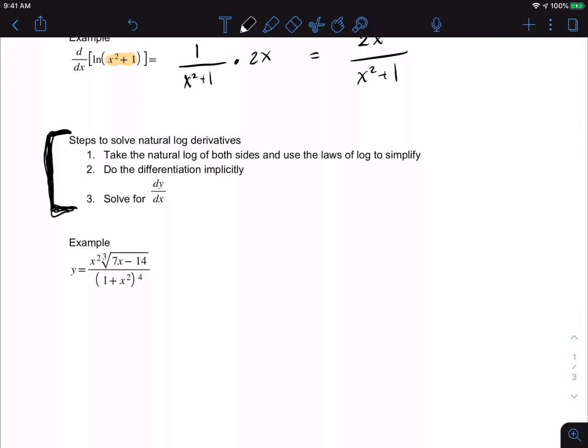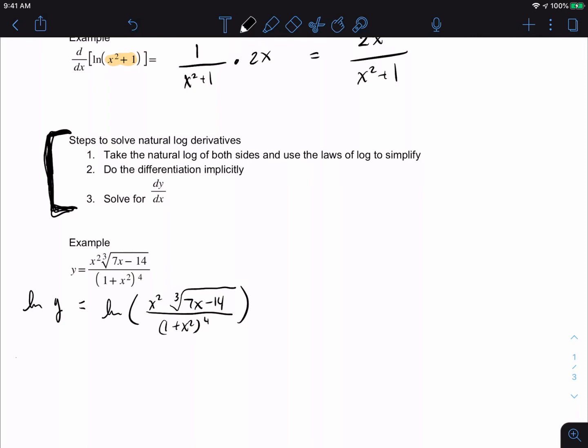So here we go. I'm going to go natural log of y is equal to the natural log of x squared, the cube root of 7x minus 14, all over 1 plus x squared to the 4th power. And then, you guys all know your log rules, right?